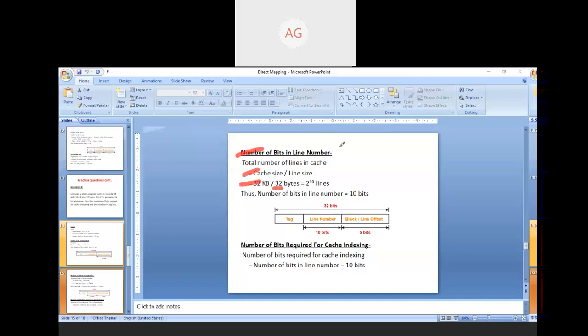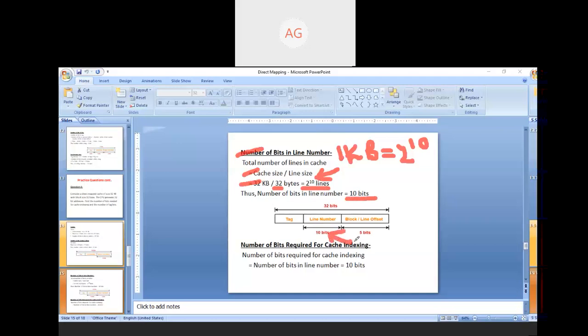And as we know, 1 KB is equal to 2 to the power 10 bytes. So byte and byte cancel. It means 2 to the power 10 lines are there. Whatever is in the power of 2, that many bits are there. So as 10 is the power of 2, that means 10 bits are there. So the line number consists of 10 bits.